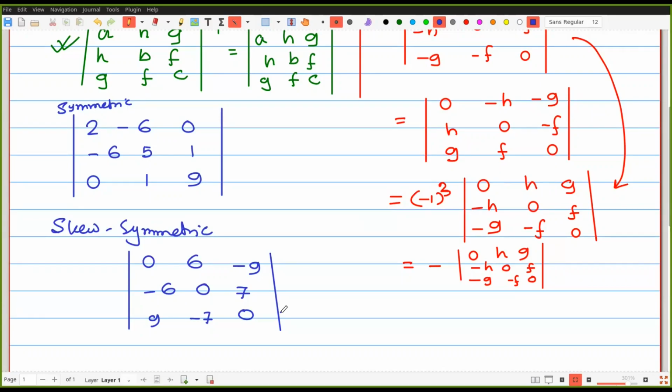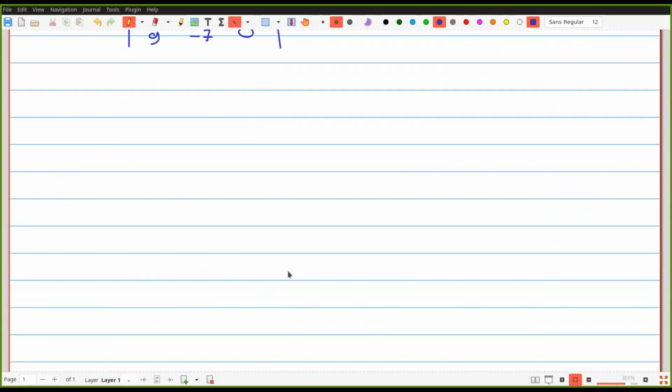After symmetric and skew symmetric, we proceed to another topic, that is how to solve a system of linear equations.